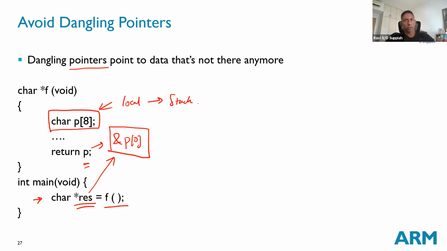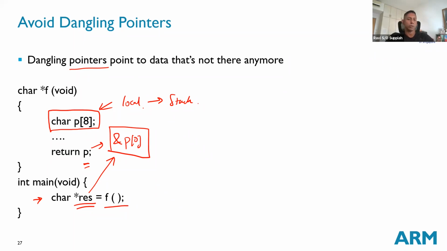Maybe it might show as a warning, depending on how smart the compiler is. In some cases they may be able to flag some of these things, that you're trying to point to unallocated space or something like that. So some compilers may be smart enough to warn you, but in some cases you may not get any warning as well.